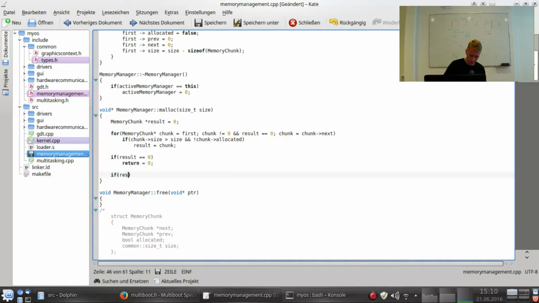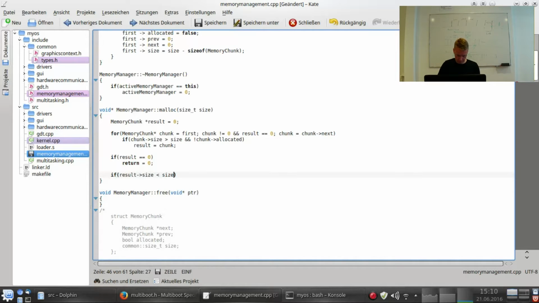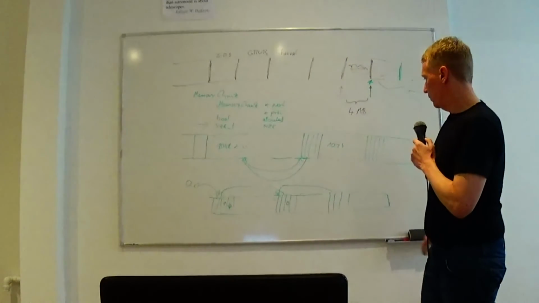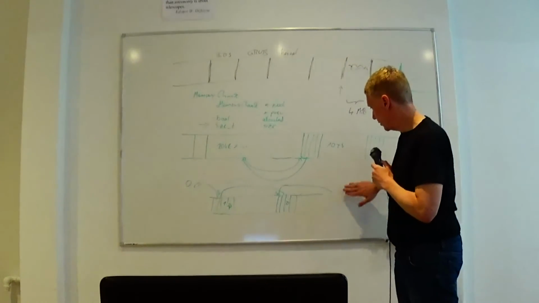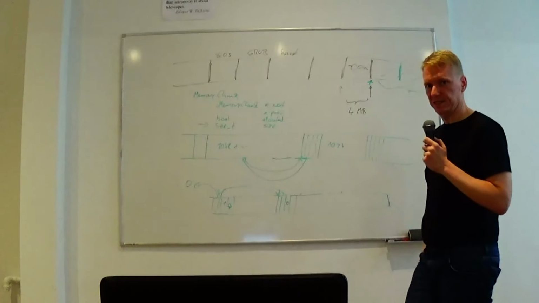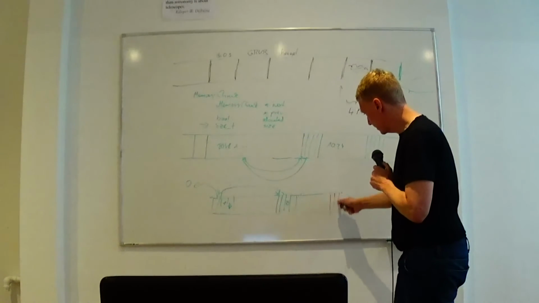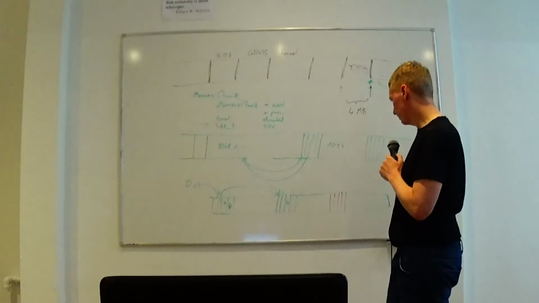So what I'm doing now is, if I find a large chunk, so maybe this is 30 megabytes and I only want 10 bytes, then yeah, I chop off 10 bytes and put the next memory chunk instance here.